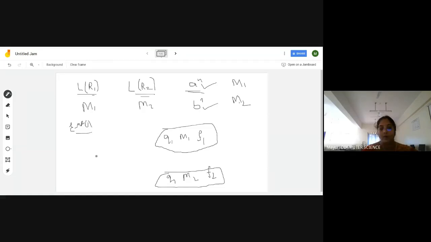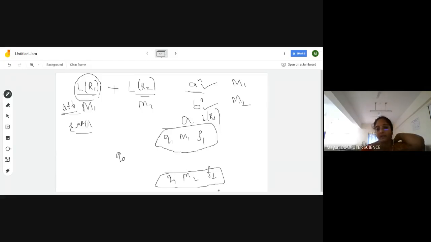So now, the overall initial state. Let me take plus. Either this language is acceptable, or that one, so I can easily say A plus B. How do you write the epsilon NFA for A plus B? It's very simple. A plus B: either A is acceptable or B is acceptable, right? Plus means either or. So this is accepting A, which is L of R1, the language of regular expression R1.